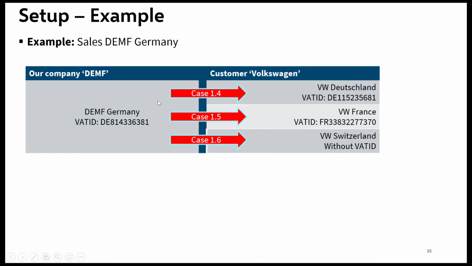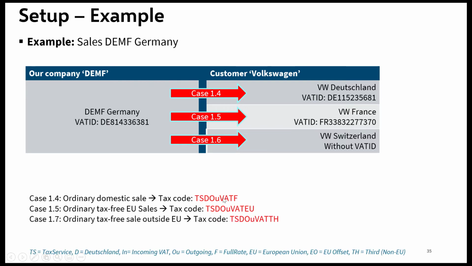And then we have a look at the sales. So here's our company, and we sell products to Volkswagen Deutschland, to France and to Switzerland. That's domestic country, that's European Union, and that's outside European Union. And here are the tax codes that I use, which is basically similar to what you find in the standard Contoso demo companies.